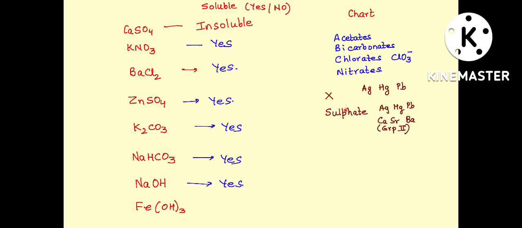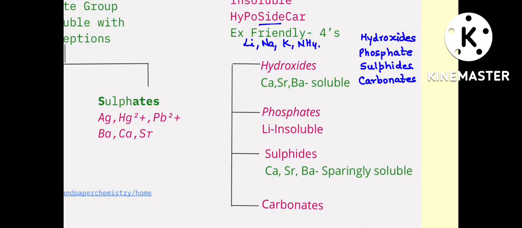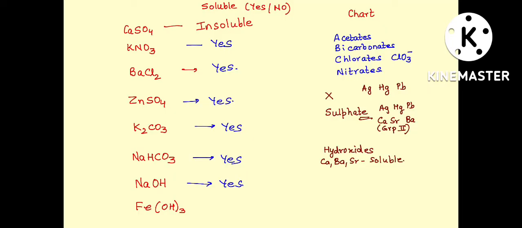Recall here, sulfates of calcium, strontium, barium are insoluble, whereas the hydroxides of calcium, strontium, barium are soluble, right? Calcium, barium, strontium hydroxides are soluble. They are not insoluble as in the case of sulfate. Please make this very clear, because you will find this very helpful while doing qualitative analysis in the laboratory.